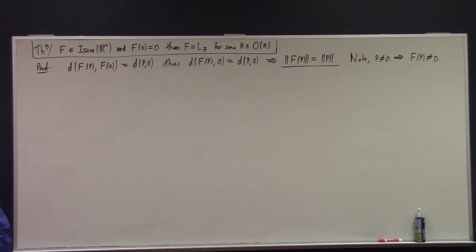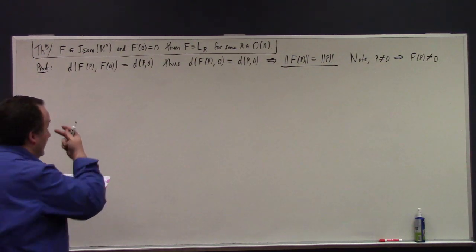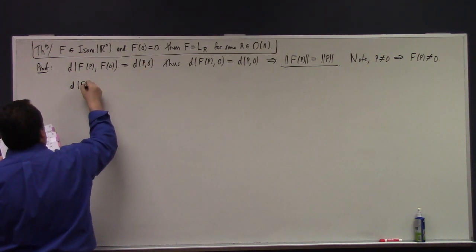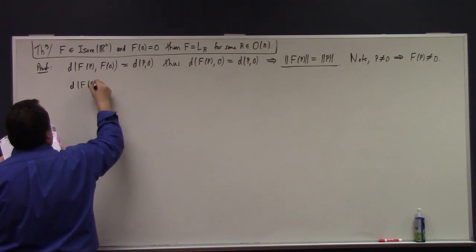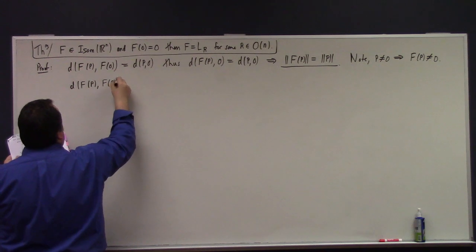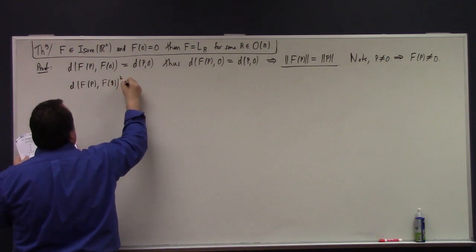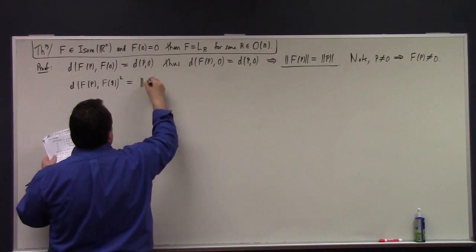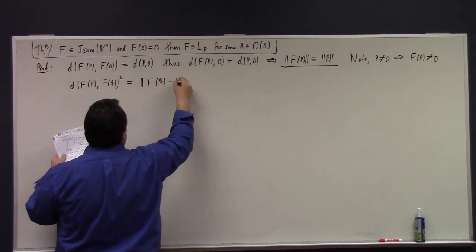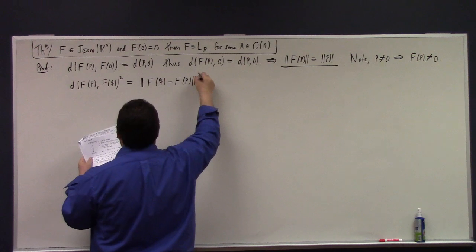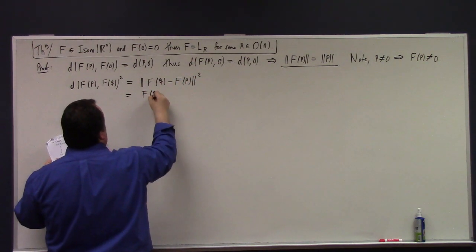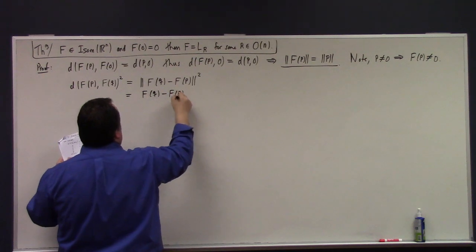All right, check this out. We've got the distance from f of p to f of q, squared. It's equal to the norm of f of q minus f of p squared, which is the dot product of f of q minus f of p with itself.